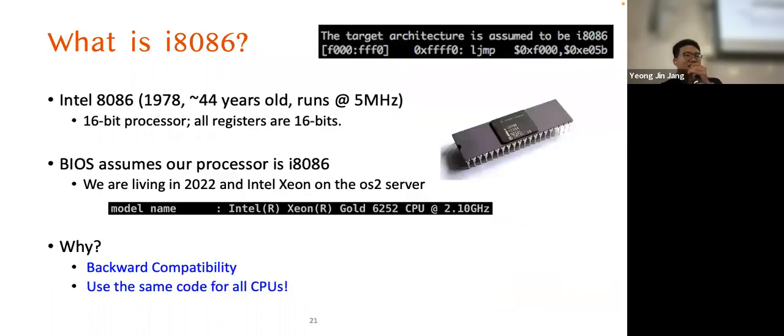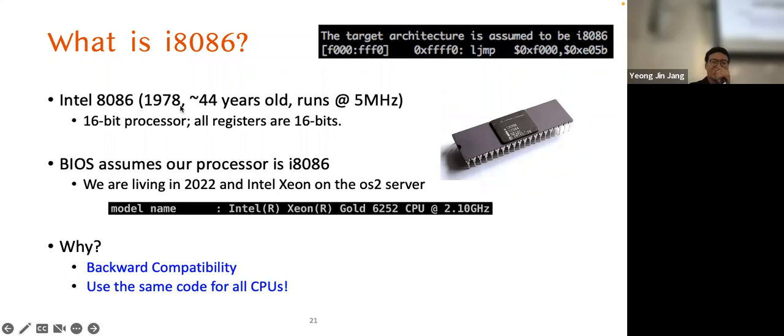Some of you might be curious about why GDB says that the target architecture is assumed to be i8086. So what is i8086? The i8086 is Intel's first 16-bit processor, born in 1978.